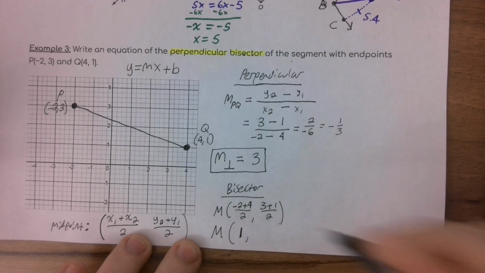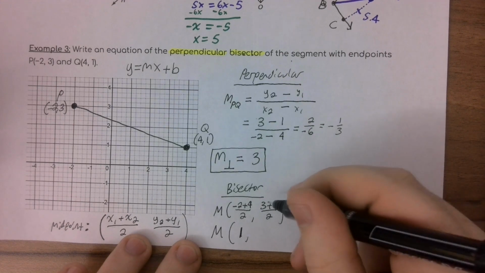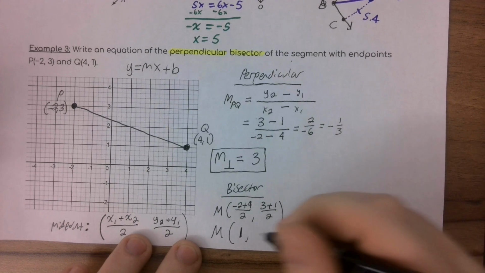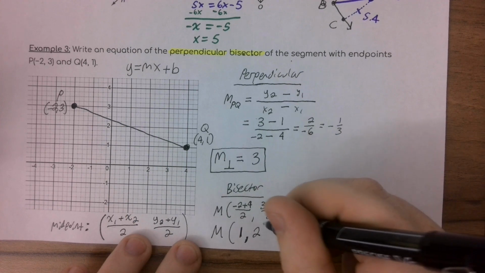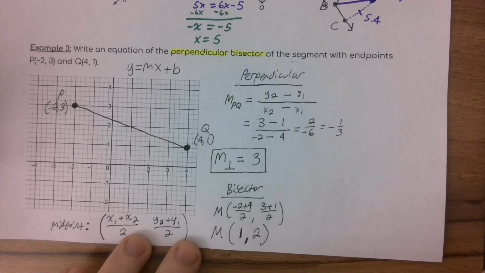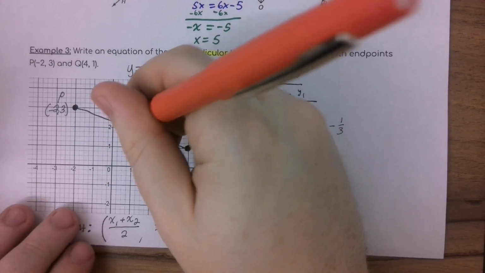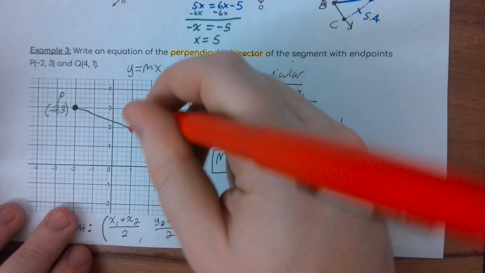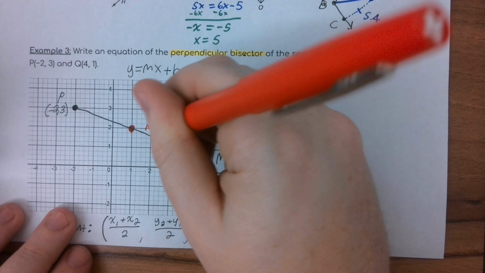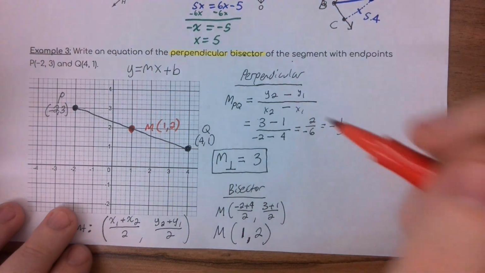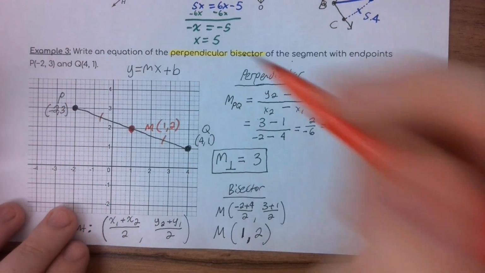Divided by 2 gives us 1. 3 plus 1 is 4. Divided by 2 gives us 2. So our midpoint is at 1, 2, and if we take a look on our graph, yeah, I would definitely agree. That looks exactly halfway between these two. Bam, bam.